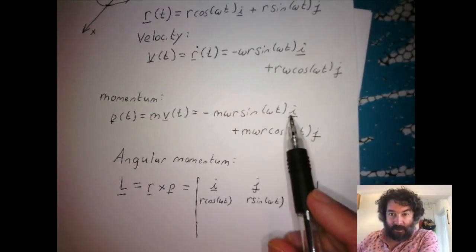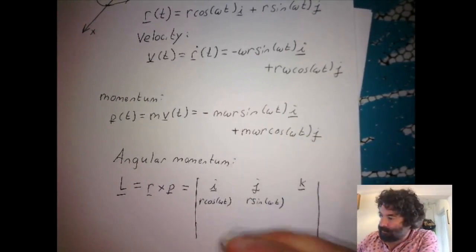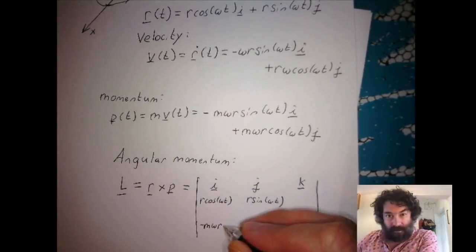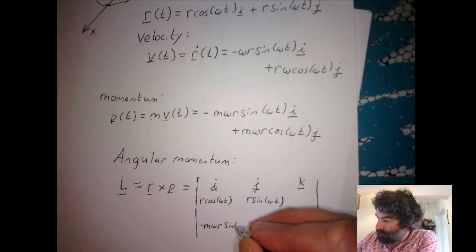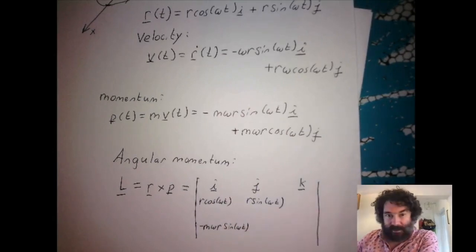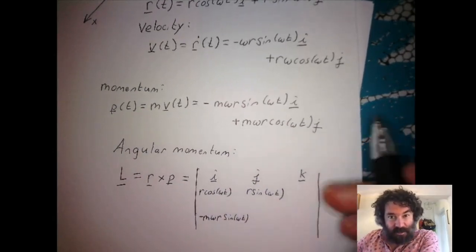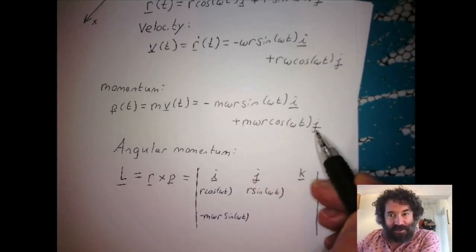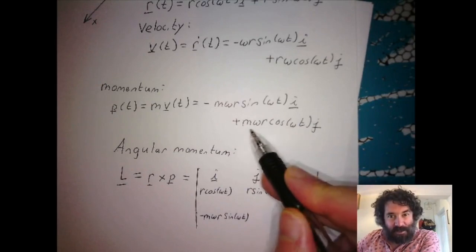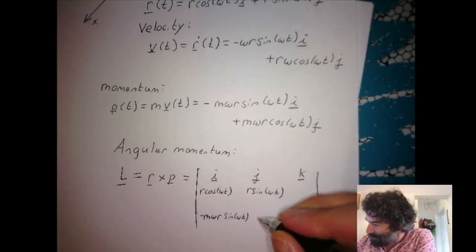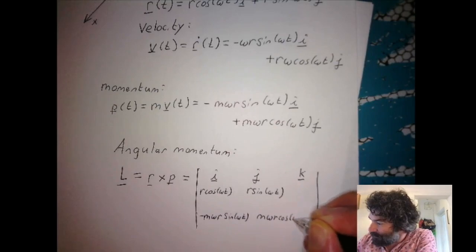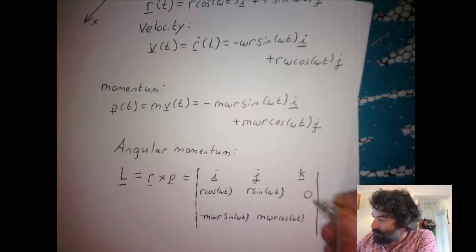The i component of the momentum is negative m omega r sine of omega t. And the j component of the momentum is m omega r times cosine omega t. And neither of these have a k component, so the k components are 0.